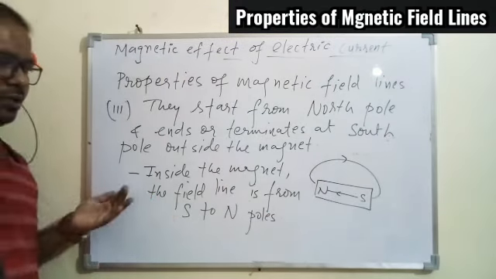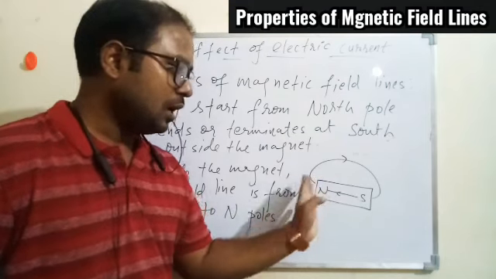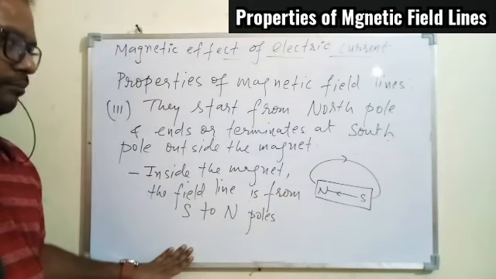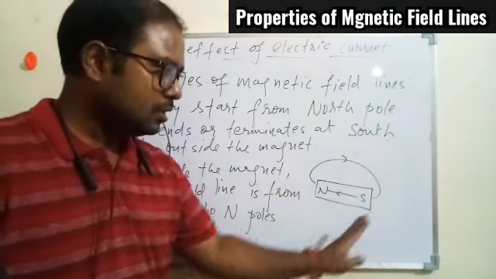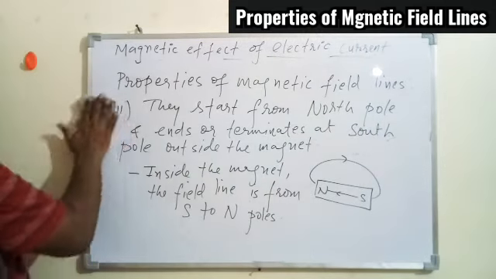I hope you understood. The magnetic field lines have a direction from north to south outside the magnet, and from south to north within the magnet, because they always form a closed loop. I hope this is also understood.